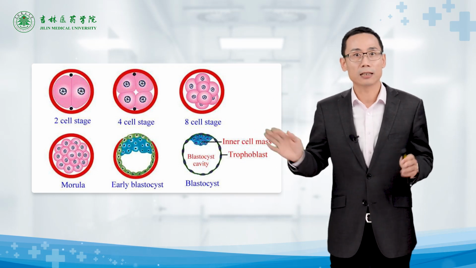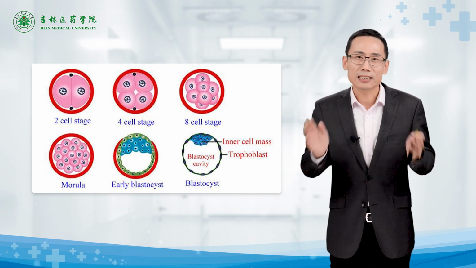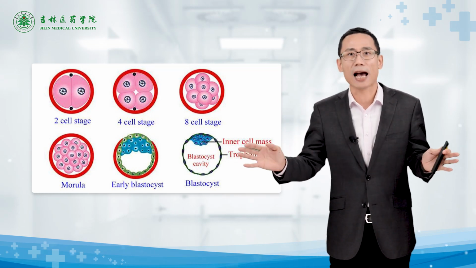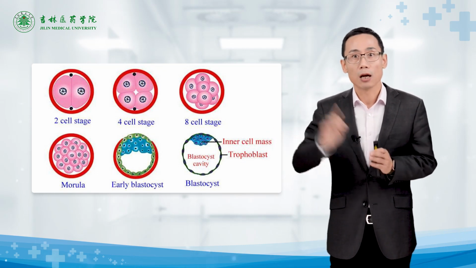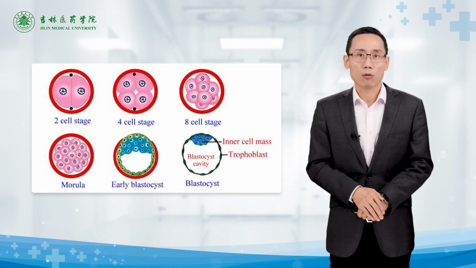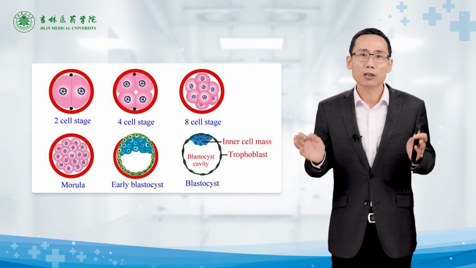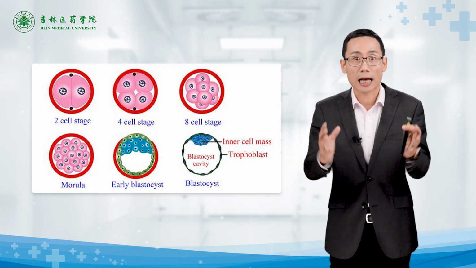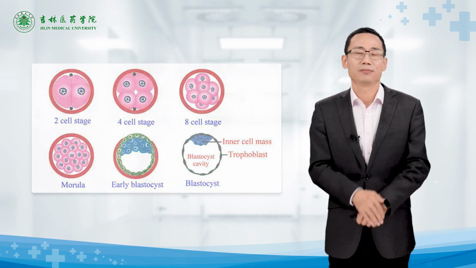On the fourth day, the morula entered the uterine cavity, and its cells continued to divide. When the number of blastomeres reached about 100, there were several small cavities between the cells, which gradually merged into one cavity filled with liquid from the uterine cavity.